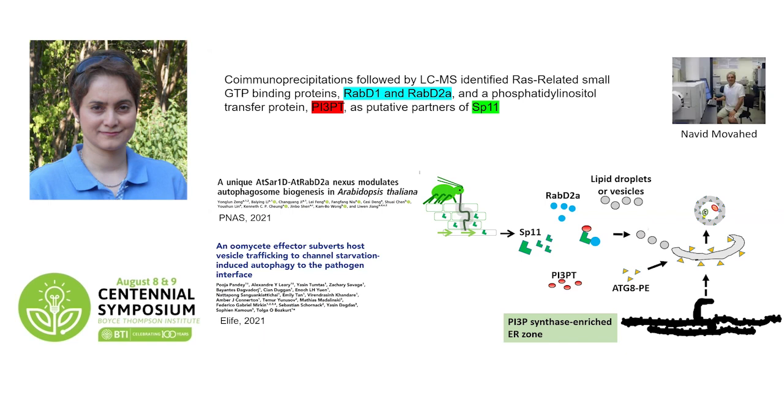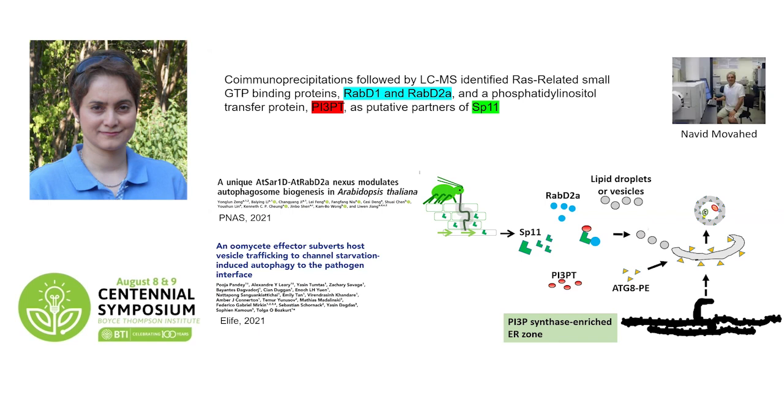It recruits lipid droplets to the site of oomycete infection so that there is more starvation-induced autophagy in that spot. And the way that effector pulls lipid droplets is via this RAB. So RAB was a great candidate.